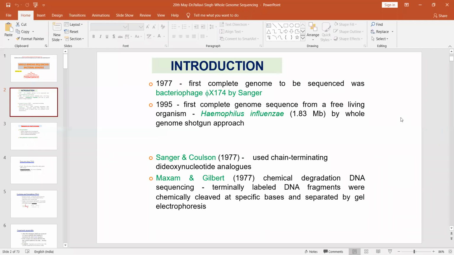Followed by further developments in this field, we came up with the whole genome shotgun approach, and the first organism to be sequenced was Haemophilus influenzae, of the size 1.83 megabase pairs, in 1995.